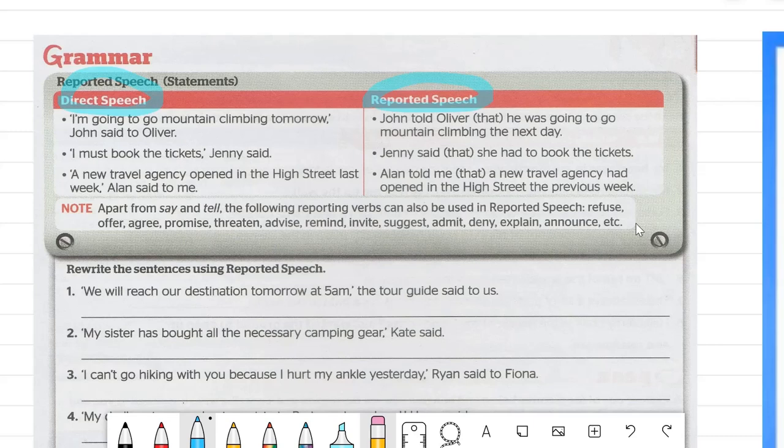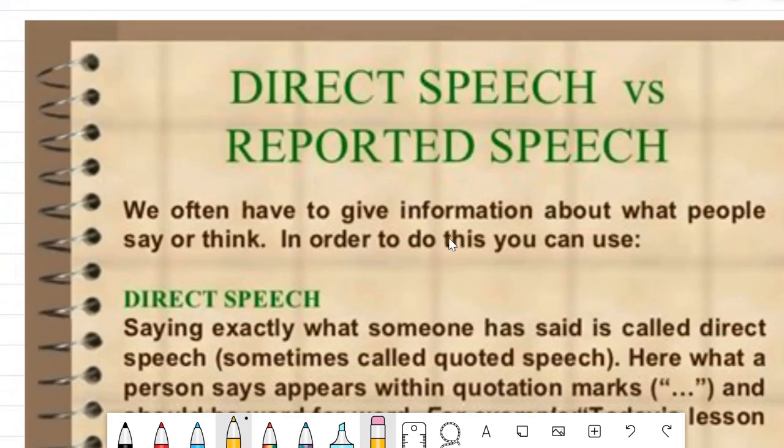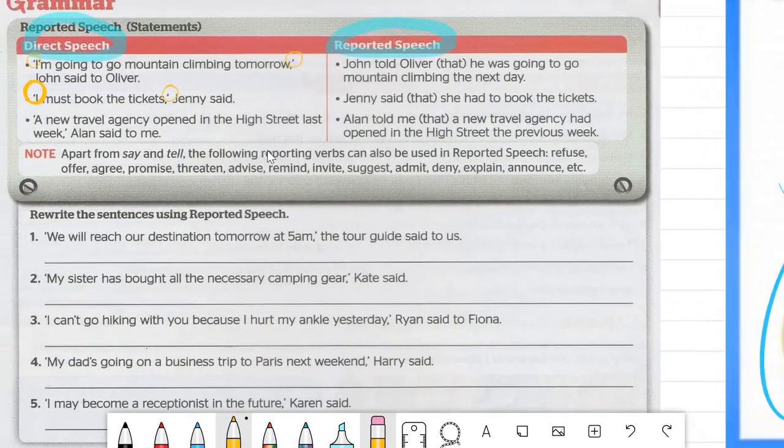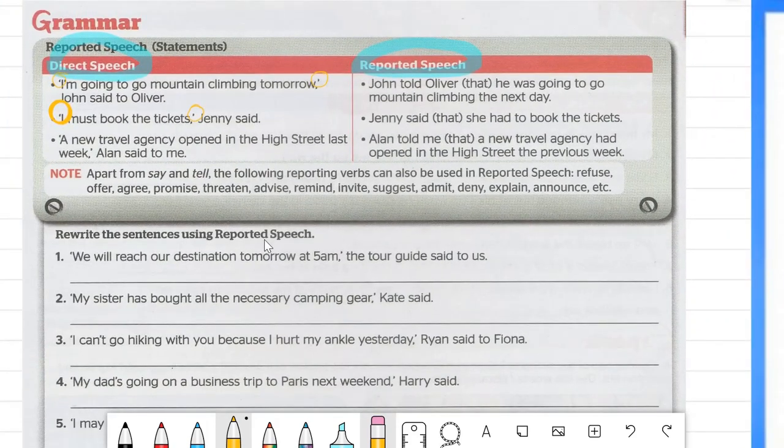Notice, there are a few things that you should notice here. The first one is the speech. What do we call the quote? Let's refer to this, the quotation marks.